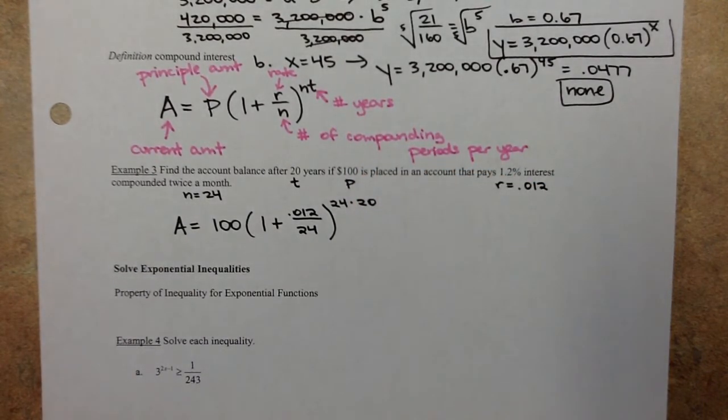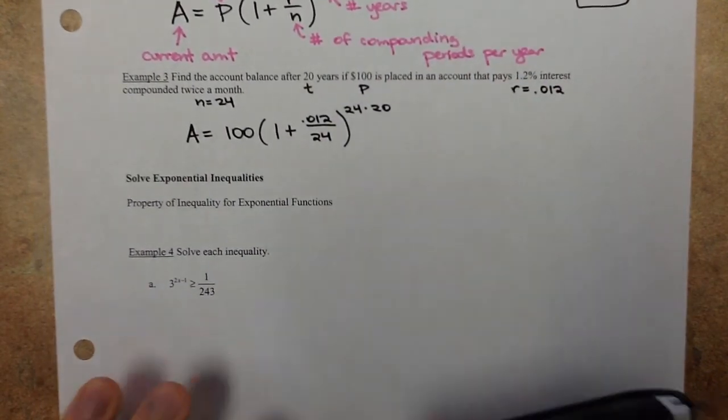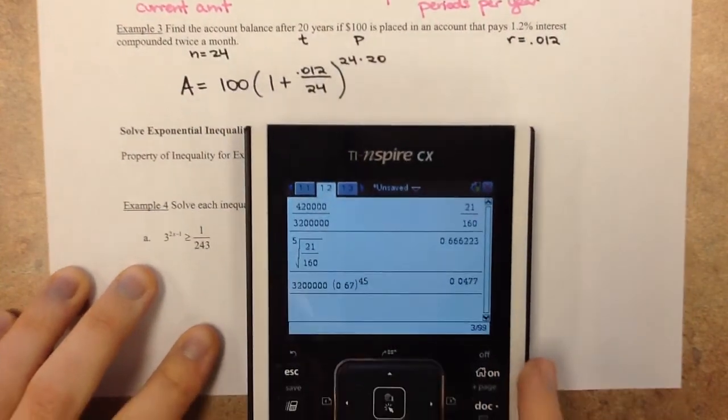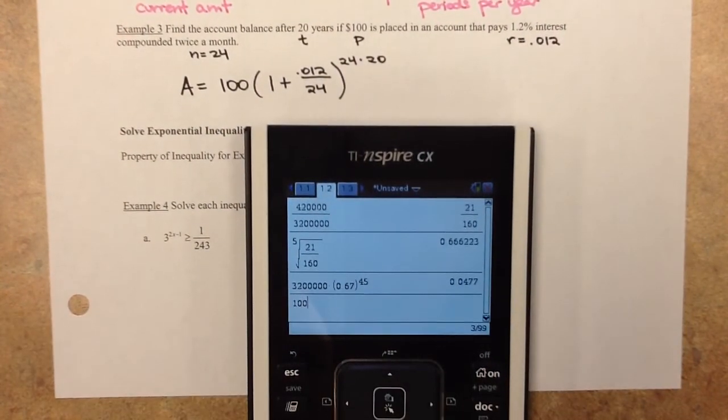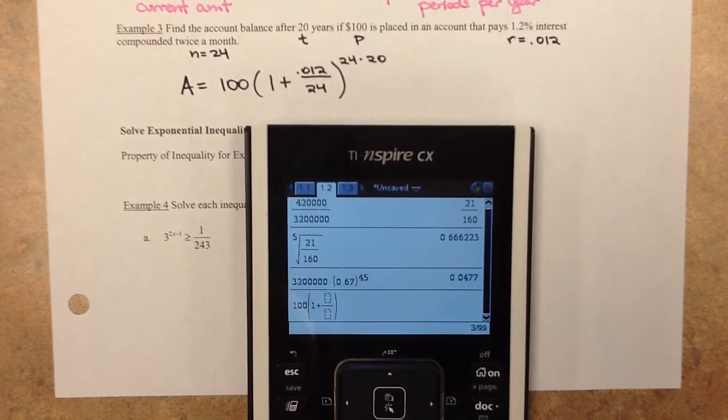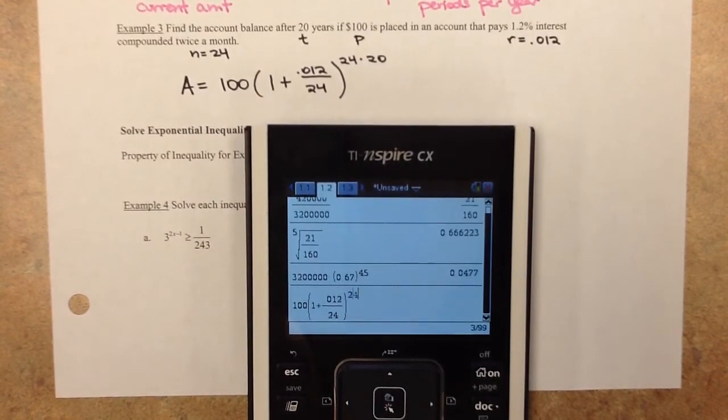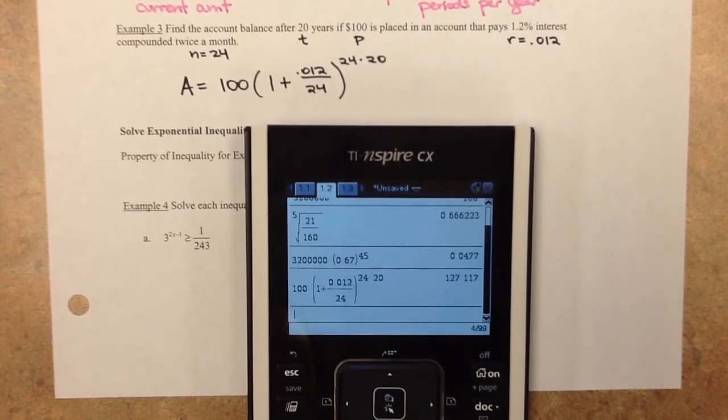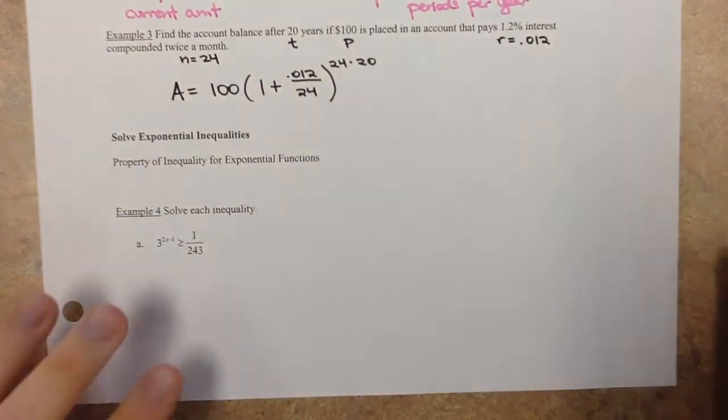This will tell us how much we end up with. Plug this in: 100, then parentheses 1 plus, make sure you do a fraction for this next part, 0.012 divided by 24, with an exponent of 24 times 20. That gives $127 and about 12 cents.